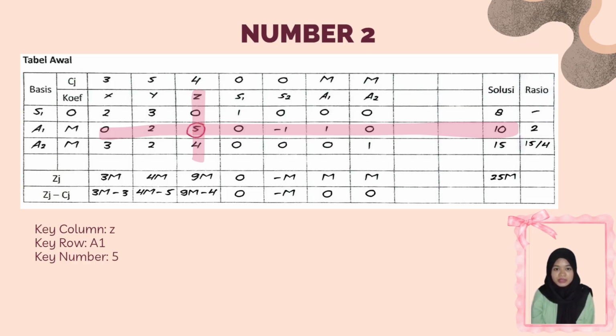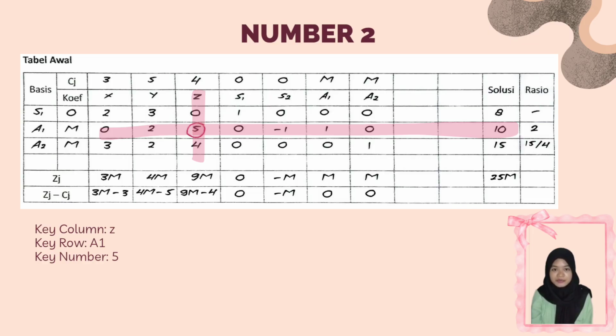For example, for the variable x, it is 2 times 0, 0 times M, and 3 times M, so the ZJ is 3M, and so on.